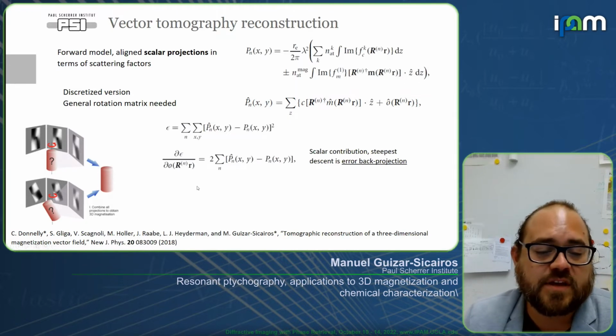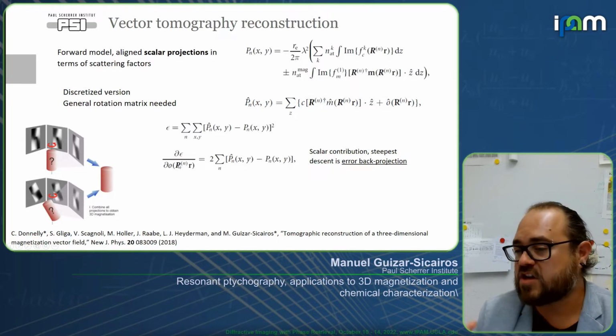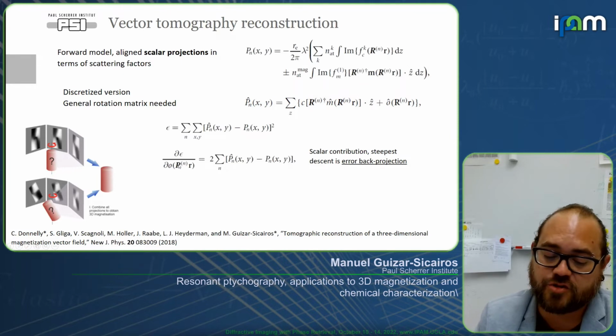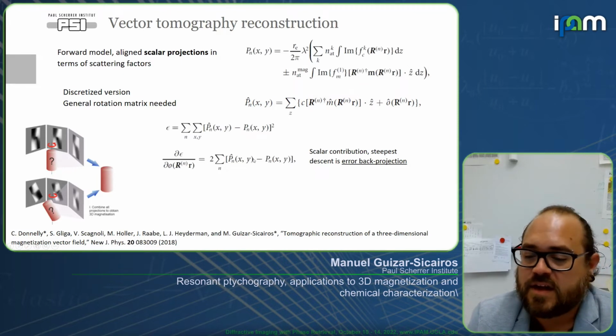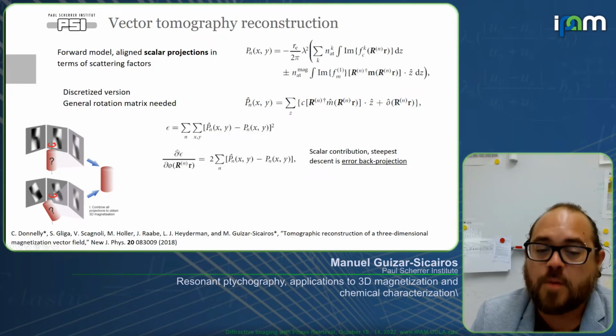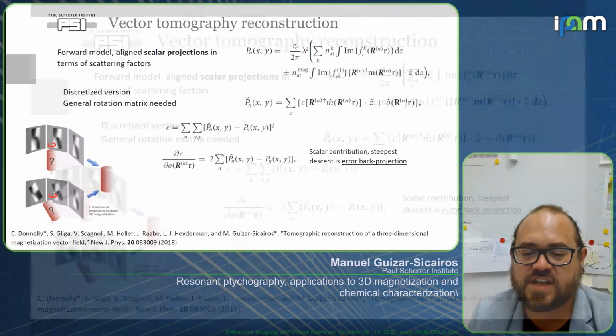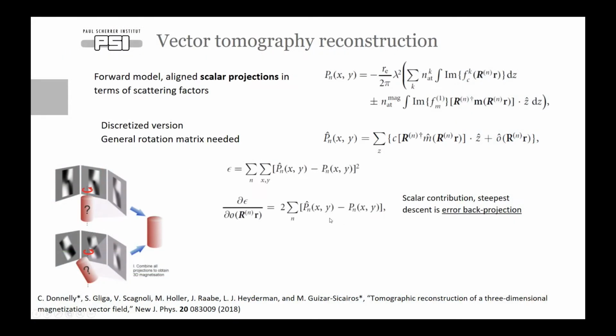So the first thing to compute, for example, is the gradient of the error metric with respect to the non-vectorial component, or the normal scattering, normal absorption component. And here you see already something interesting: the update, so basically the direction by which we're going to reduce this error metric for the nth projection, or if you use all of the projections, is basically a back projection of the error.